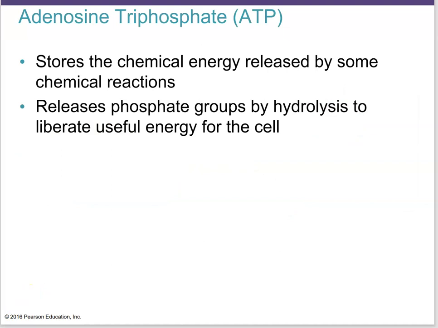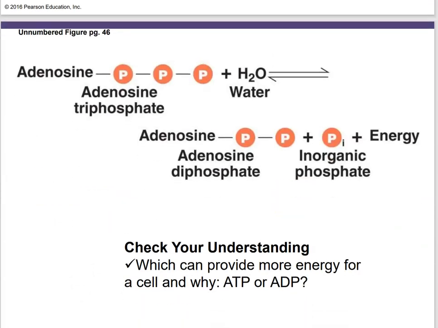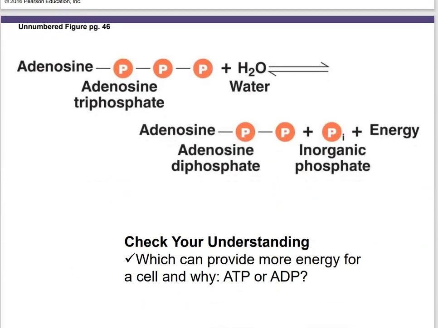ATP stores the chemical energy, and it's sort of the energy currency in the cell, and it releases the phosphate group by hydrolysis. It releases a phosphate group, and that is useful energy in the cell that can be used to power other things. So here's my final slide for this lecture, and it shows you adenosine triphosphate.